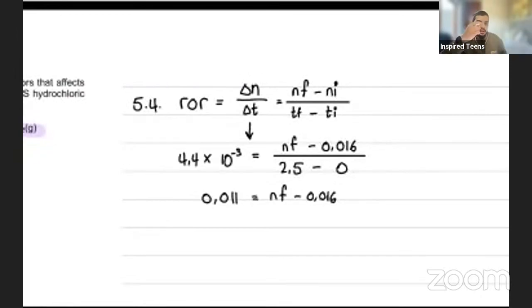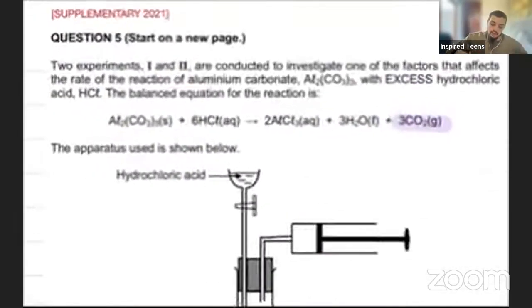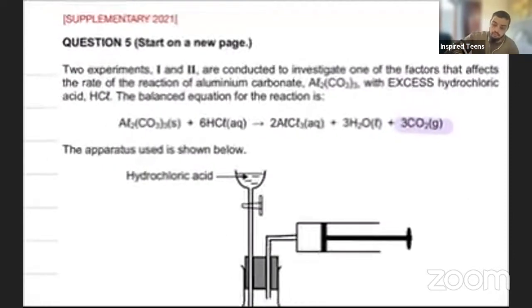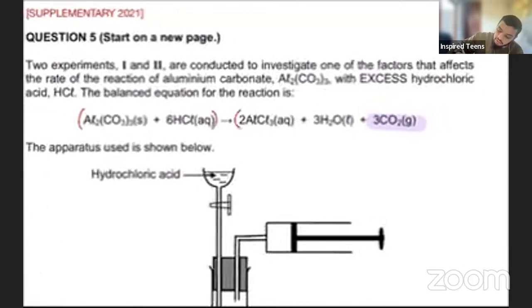Okay, so one thing that's important for us to note, and it's actually quite tricky, is the reaction rate of the reactants versus the reaction rate of a product. So these are reactants, right? Remember, reactants are used up.